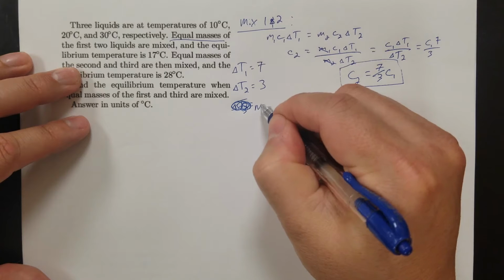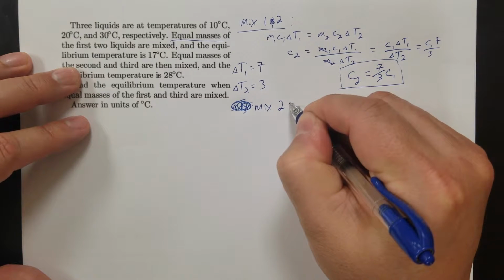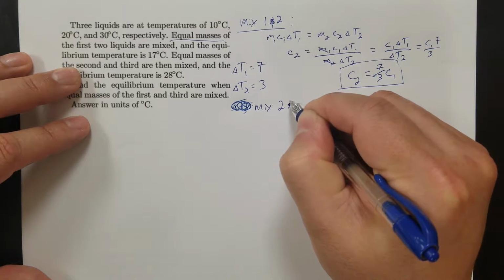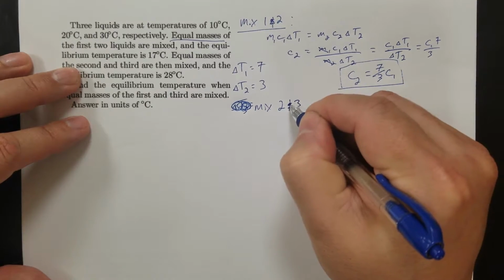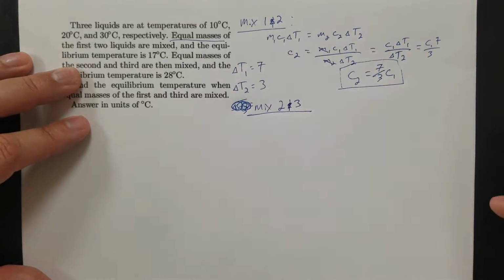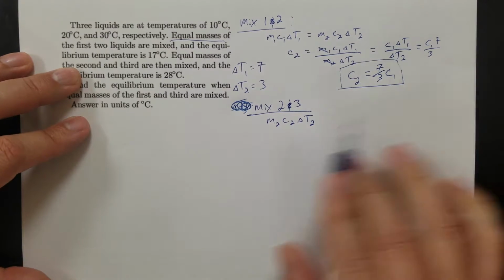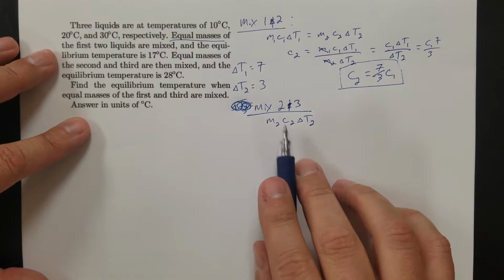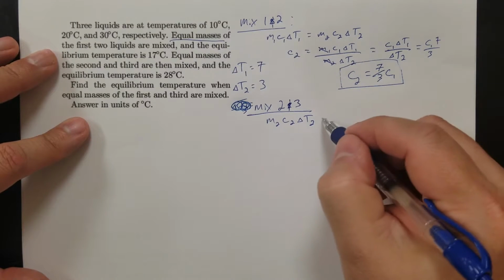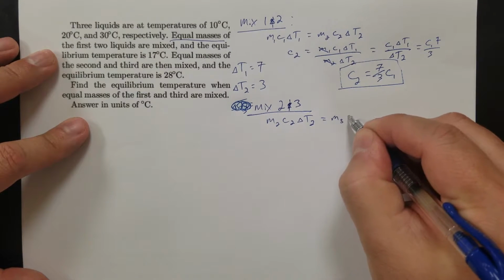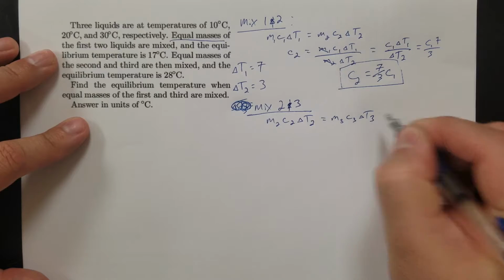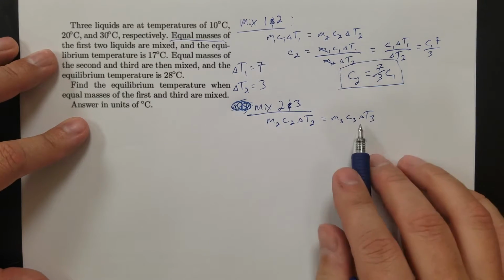Okay, so now let's do the same thing. Let's mix 2 and 3, right? M2 C2 delta T2, the heat gained by 2, equals M3 C3 delta T3, the heat lost by 3.